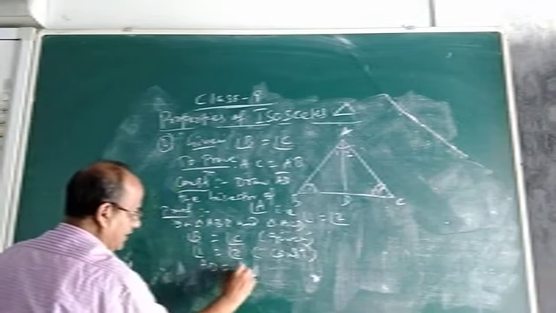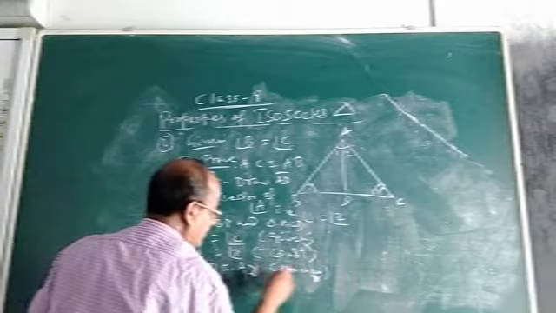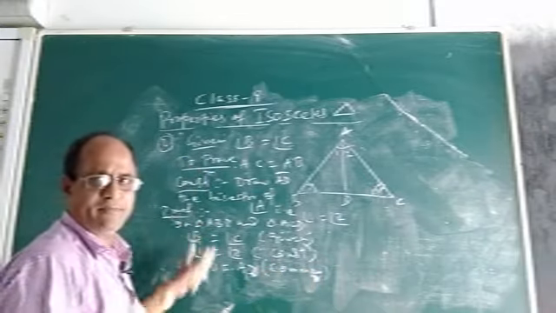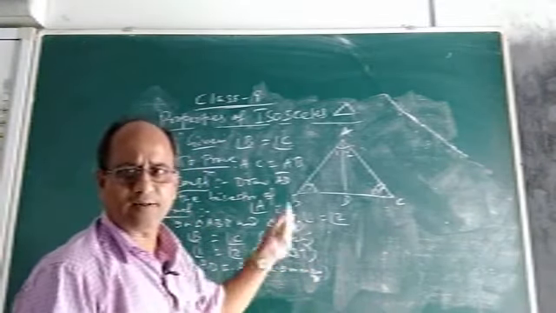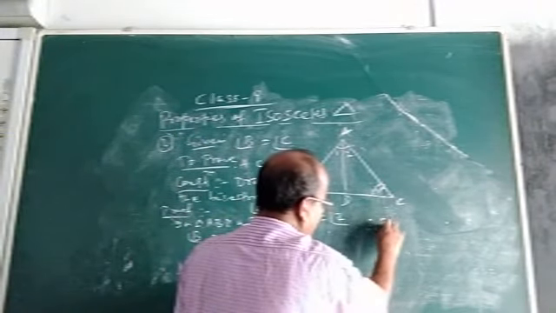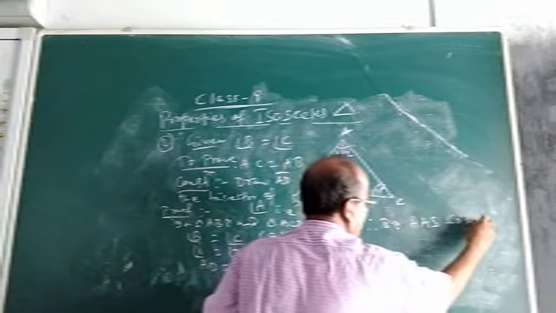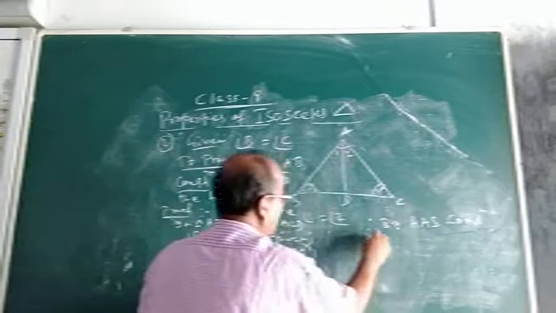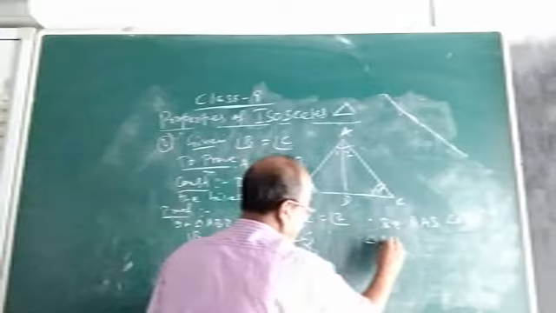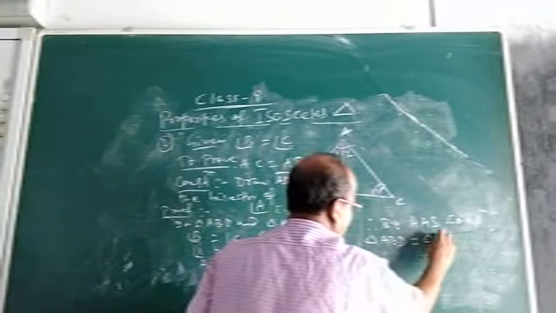AD equal to AD, it is common in both the triangles. So these three matching parts satisfy the angle side criteria. Therefore, by AAS condition, triangle ABD will be congruent to triangle ACD.